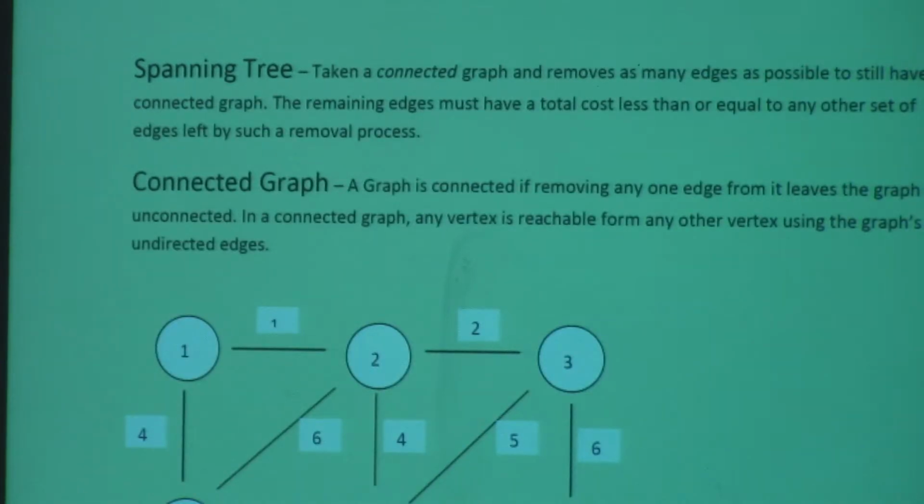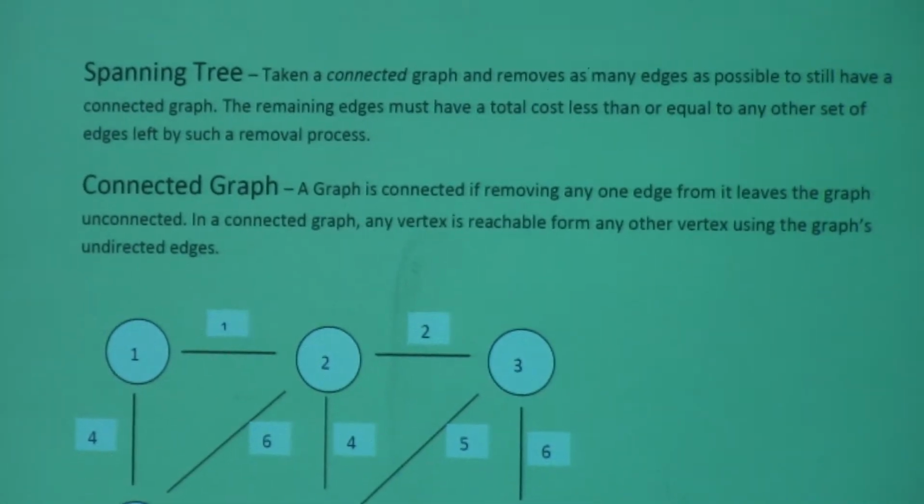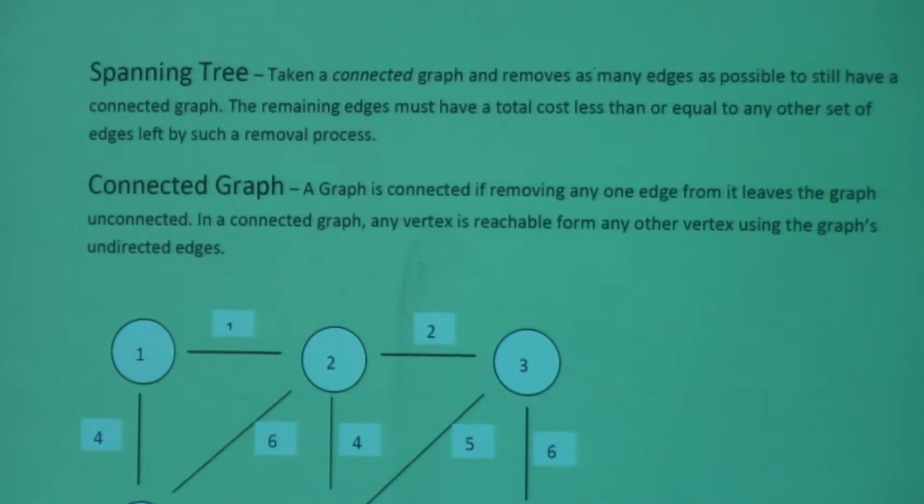Let's take a look at this. So here, the big circles represent vertices. So we have 7 vertices. The little rectangles of numbers are edges with costs. So a spanning tree is any connected graph with a minimum number of edges.